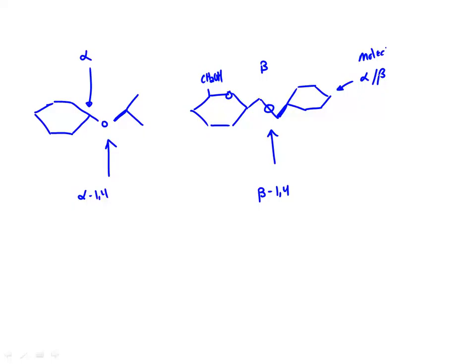So which one's cellulose and which one's starch? Boy, you guys got a lot of remembering to do. So alpha 1,4 bonds make this starch, equals potatoey goodness.